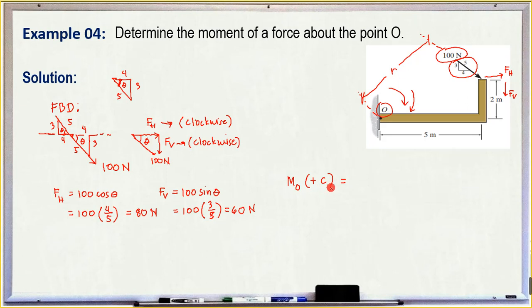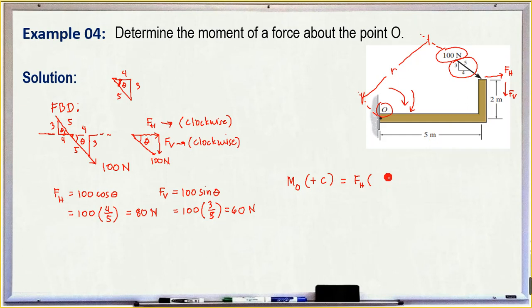So here, again, definition sa moment, force times distance. Starting with FH, unsa may perpendicular distance ni FH with respect to our axis? Asa man kaning 5 or kaning 2? 5 meters ba si FH?